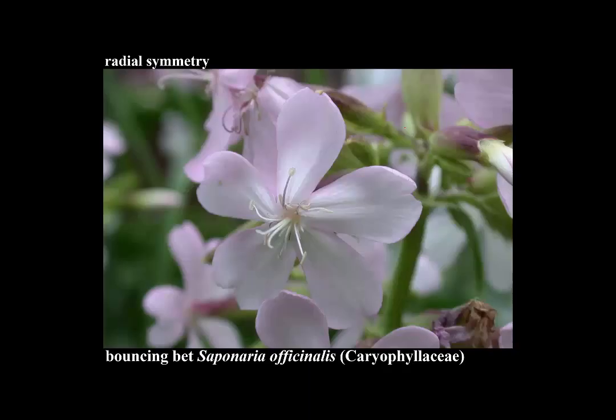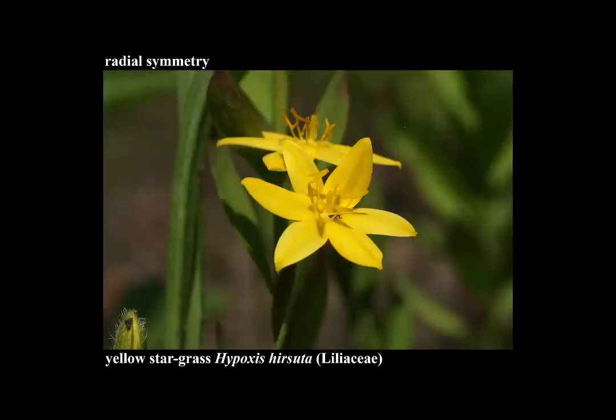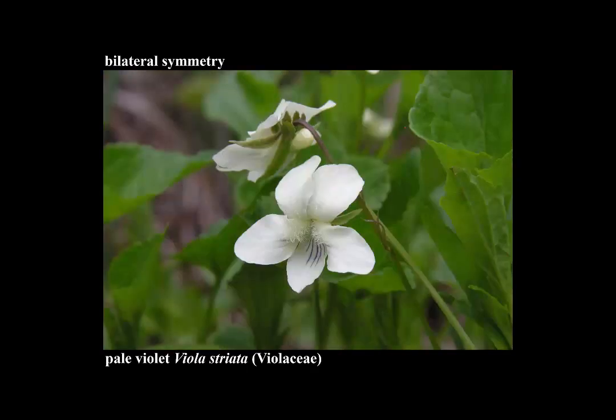So here's an example, this bouncing bet, of a flower that's radially symmetric and like a wheel. Here's another example of this yellow star grass, which is totally not a grass, is radially symmetric. It's actinomorphic. It's regular. Here's a flower that's bilaterally symmetric, zygomorphic, irregular.